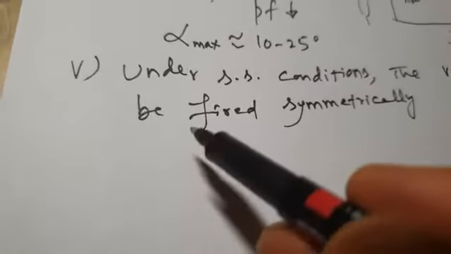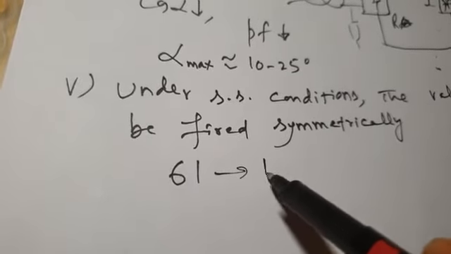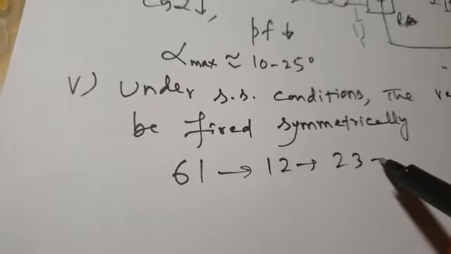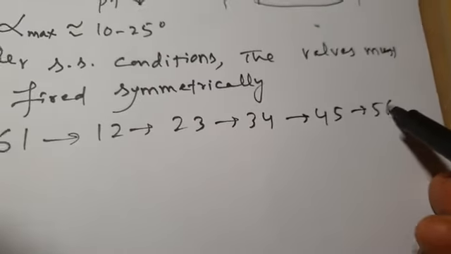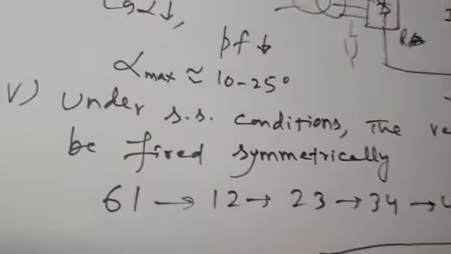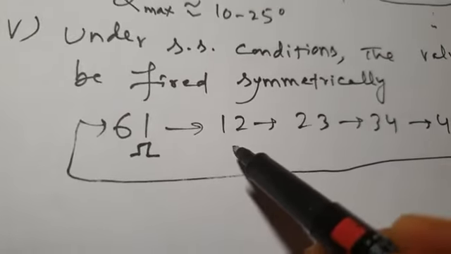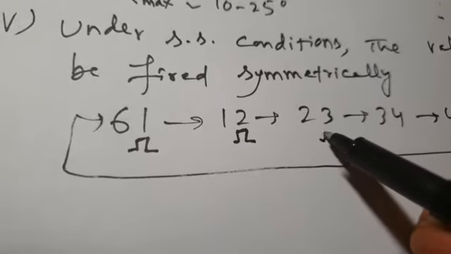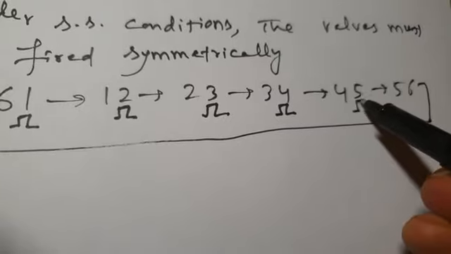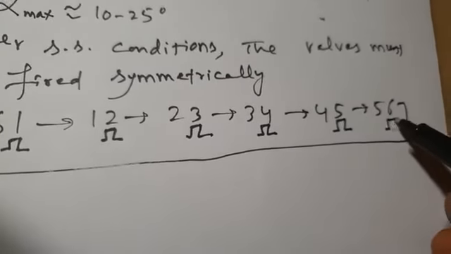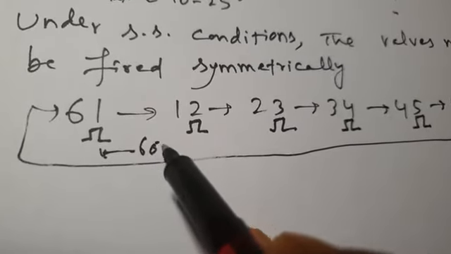If you remember, our valve firing is like this. Let us consider two valve conduction: 6 1, 1 2, 2 3, 3 4, 4 5, 5 6, and then again 6 1. Here valve 1 is fired, after 60 degrees valve 2 is fired, after another 60 degrees valve 3 is fired, then valve 4 after 60 degrees, then 5, and after another 60 degrees, valve 6 is fired. So each valve is fired after 60 degrees.